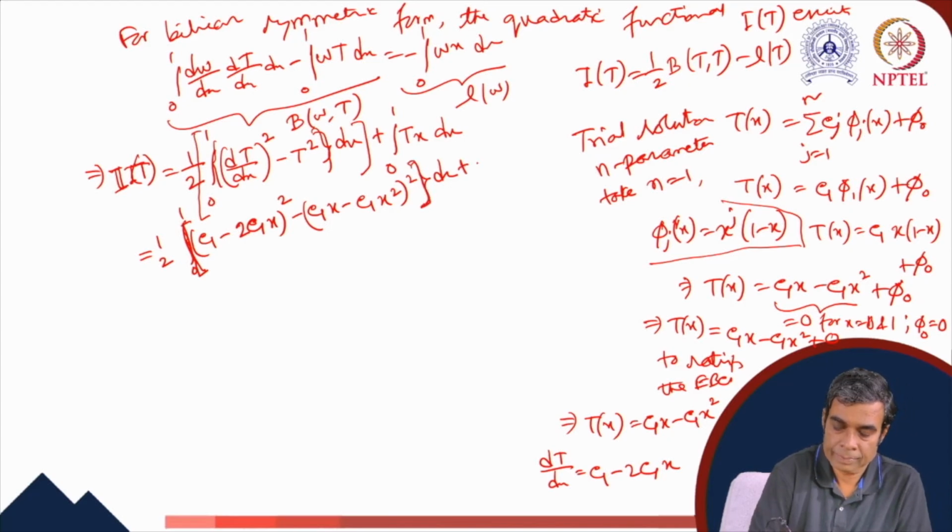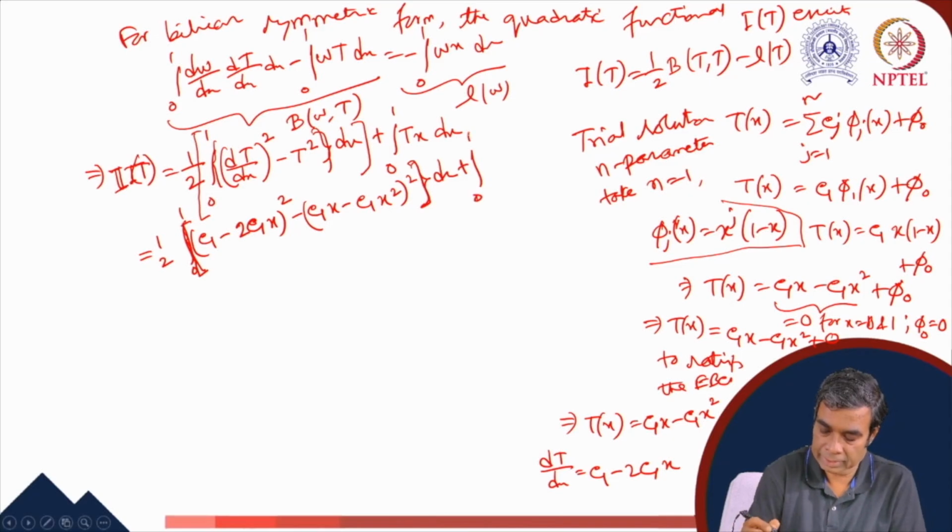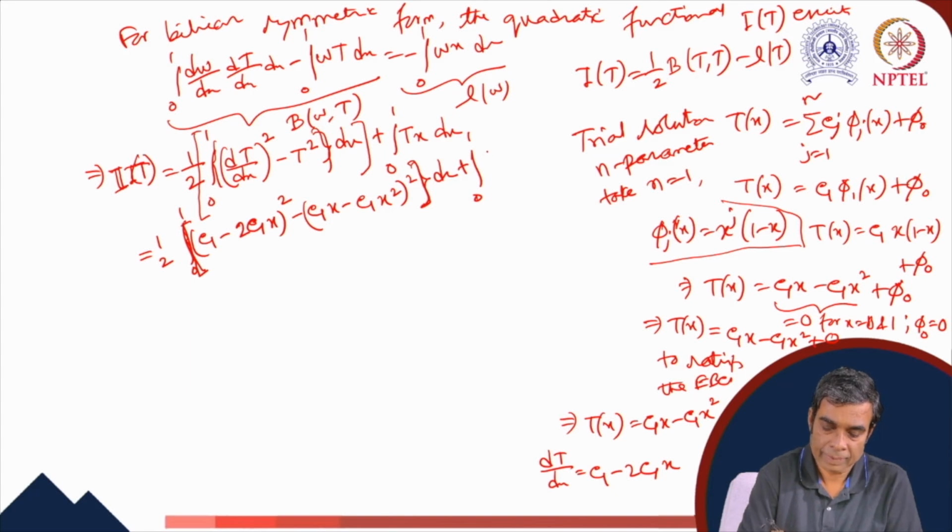Plus integration 0 to 1. Our temperature is C1x minus C1x square. So this is T(x), so it is (C1x minus C1x square) into x dx.